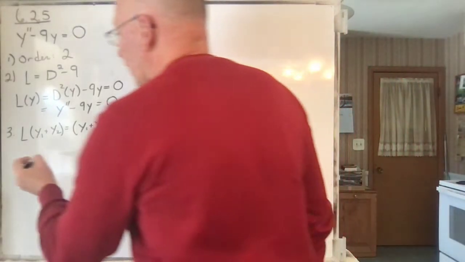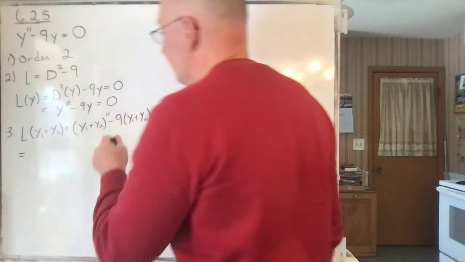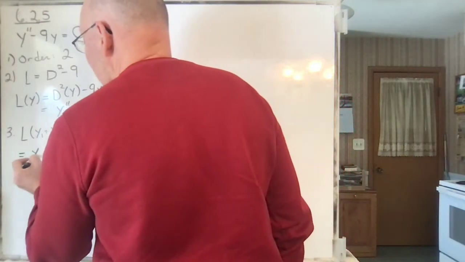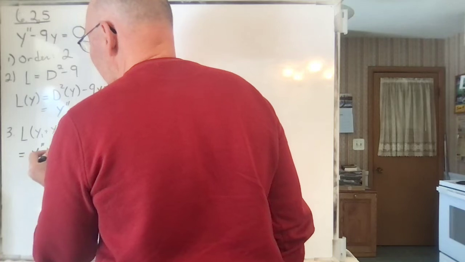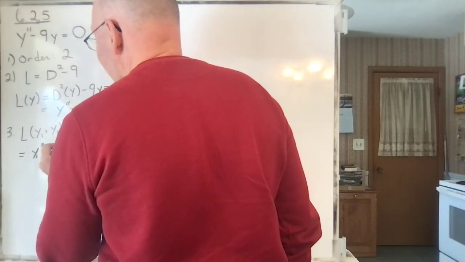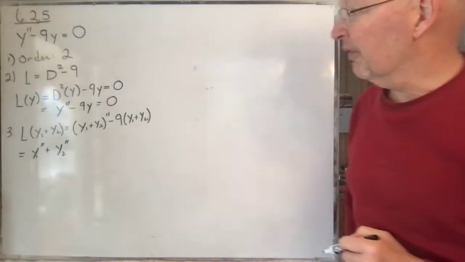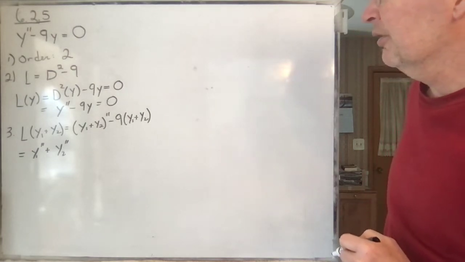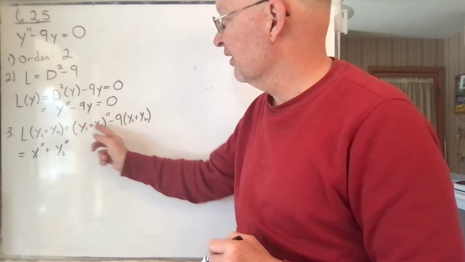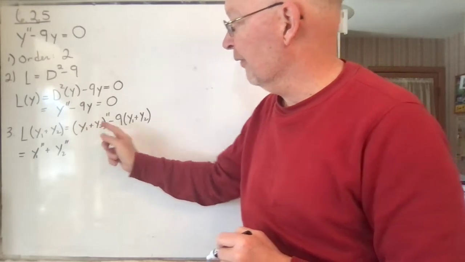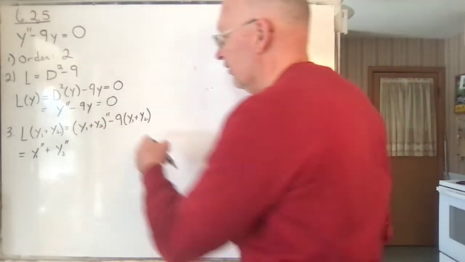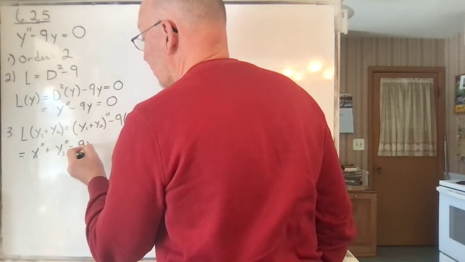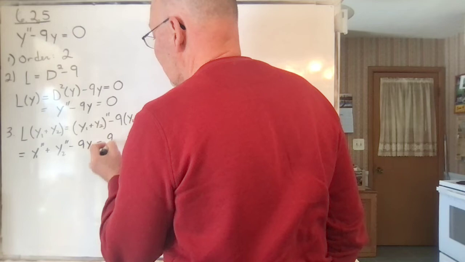And I know from calculus that if you take the second derivative of two functions added together, that's just the second derivative of the first function plus the second derivative of the second function. So the real guts of this comes from things you learn in calculus, where you learn that the derivative of the sum of two functions is just the derivative of the first plus the derivative of the second. Similarly, this just comes from algebra. It's going to be 9 times y1 minus 9 times y2.